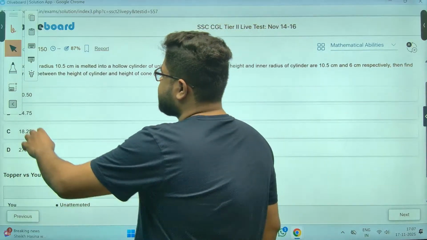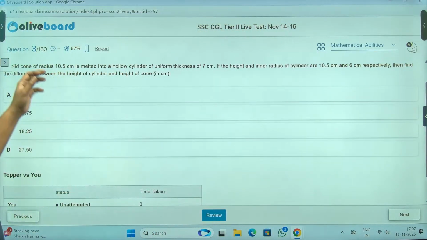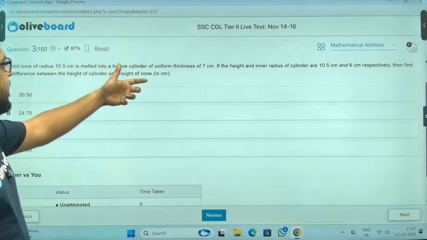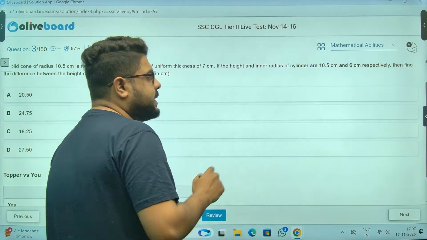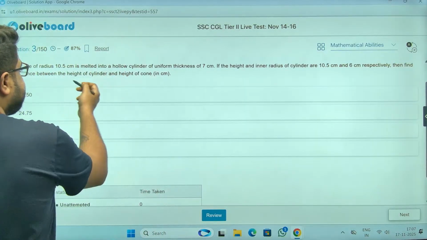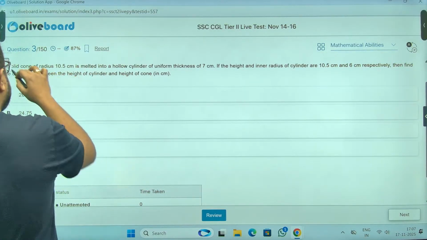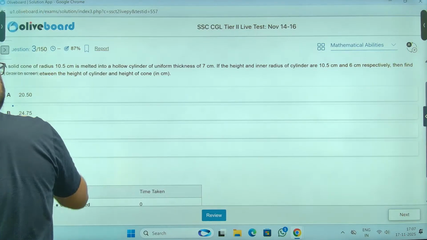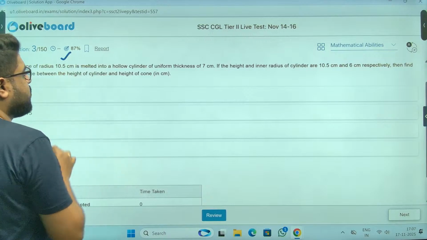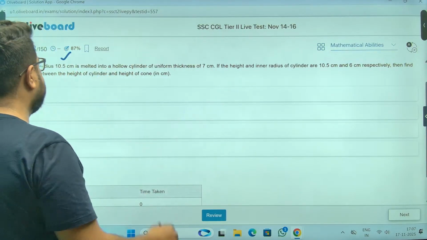Now the next question. A solid cone of radius 10.5 is melted into a hollow cylinder of uniform thickness. The height and inner radius of the cylinder are given. Find the difference between the cylinder and the cone. Melted and recast means volume is the same.